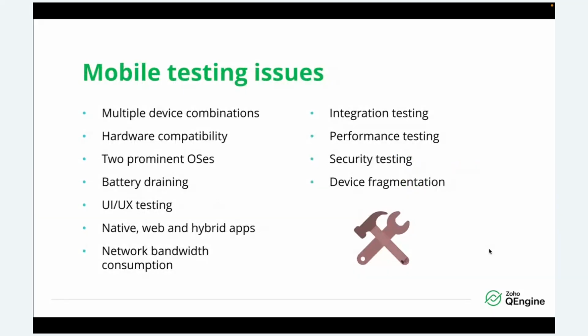So let's quickly take a look at the common issues you face with mobile testing. Whenever a tester is creating an application, the very first thing they have to worry about is testing it across multiple device combinations. What do I mean by multiple device combinations? Let it be Android or iOS, each of these mobile devices runs a different hardware configuration, and each of them runs a different version of the operating system.